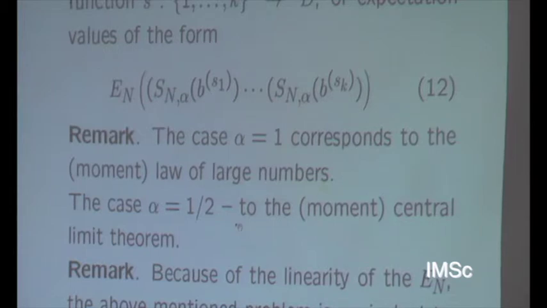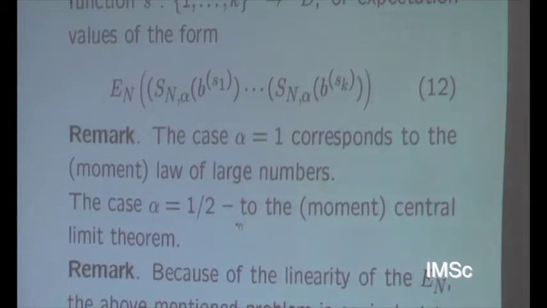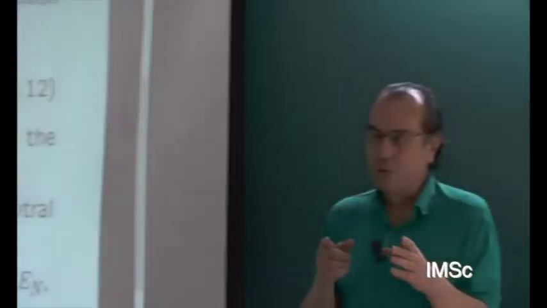The more general normalizations appear in probability theory when you discuss so-called triangular arrays and you consider characteristic functions. So what we will discuss, to be precise, are not general central limit theorems, but so-called moment central limit theorems. Okay? Moment central limit theorems are enormously general.